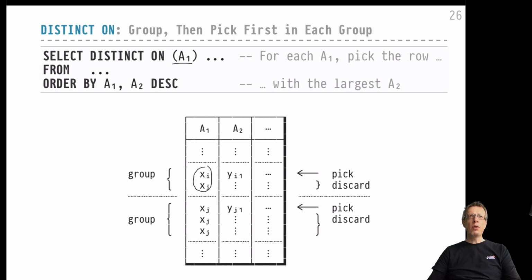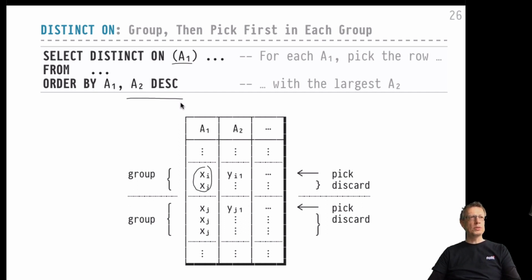Okay, among these groups, pick one representative row. And this is where A2 comes into play, or the second ordering criterion comes into play. In such an A1 group, pick as representative the row with the largest A2 value. In the sort order defined by this particular criterion, the row with the largest A2 value comes first.